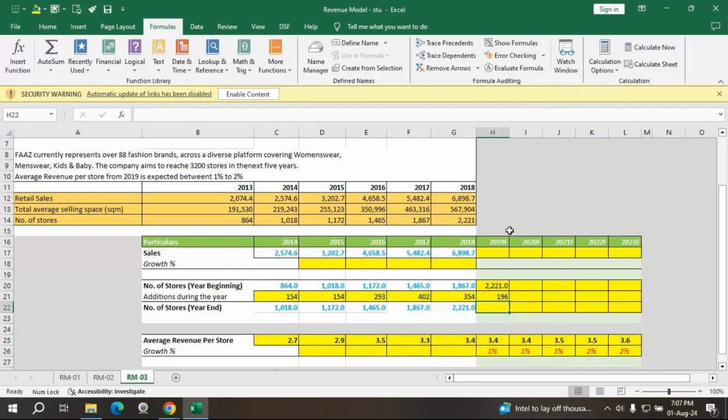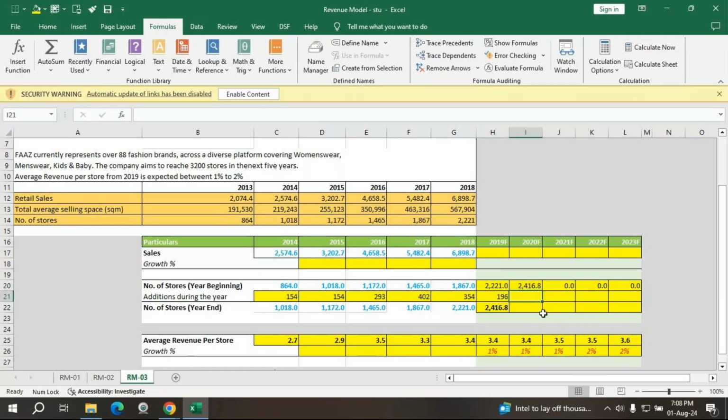So I got this, so I'm going to do sum. When I add these both, in the 6th year I have 2416 stores. So I'll come and just drag it here, and the 196 stores is going to remain the same.